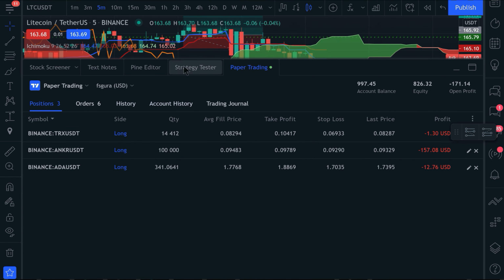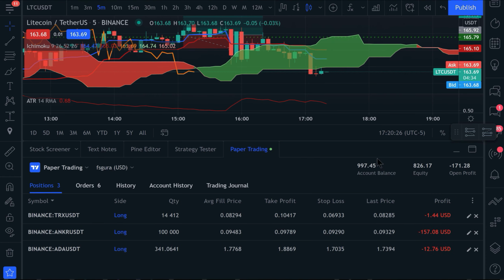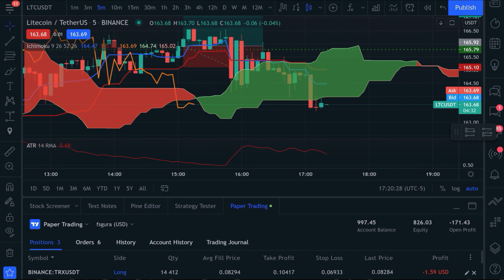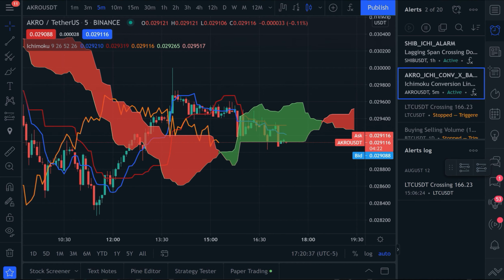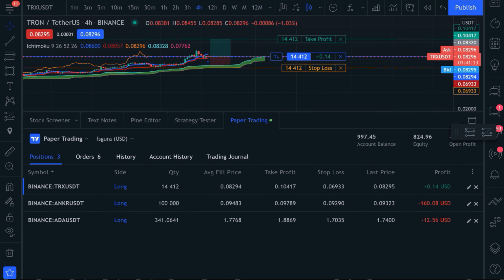So our TRX, which is here, losing $1. We can close the LTC one. Let's save it for future usages and close it. Now the TRX, which is the new one.